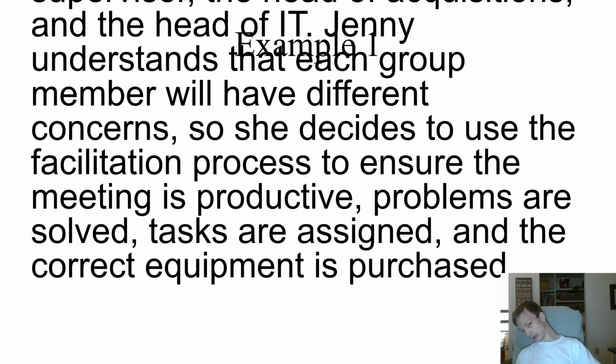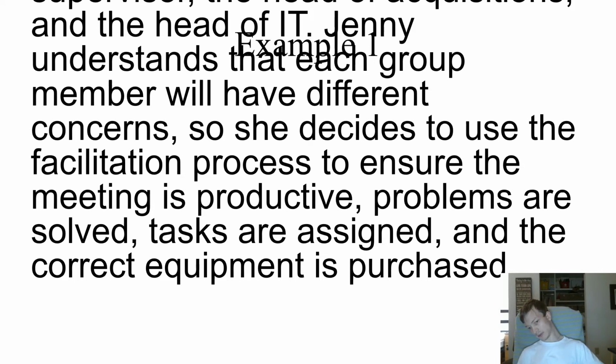Then you have the IT department, or the IT professional. Their concerns might be, will these computers meet the standards that all of our computers have to meet in terms of hardware specs and serviceability? And then also you have Jenny herself, whose purpose is to take all of these different perspectives into consideration and help drive the meeting toward a positive conclusion.